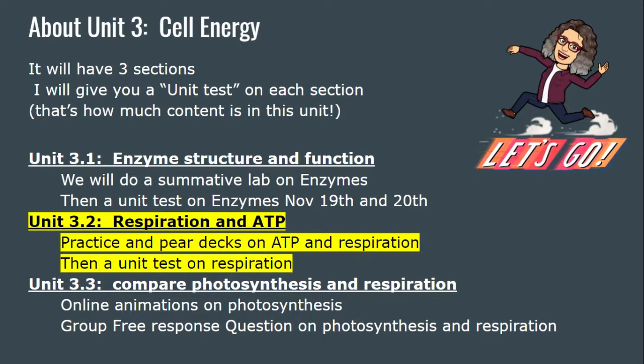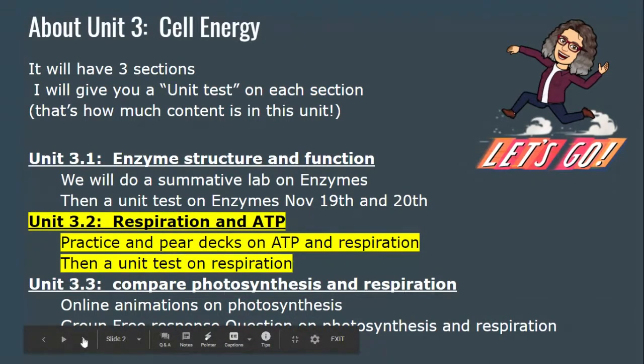If you understand respiration processes really well, you're not going to have that much trouble understanding photosynthesis, because it's the same sorts of reactions, the same things to know about redox and electron flow and where the ATP gets made and where it gets consumed and all of that. So that's where we are.